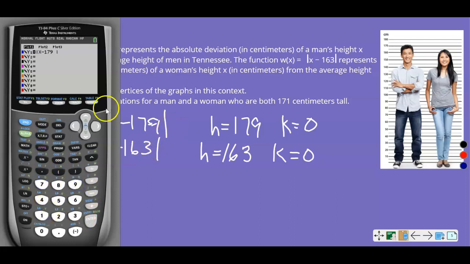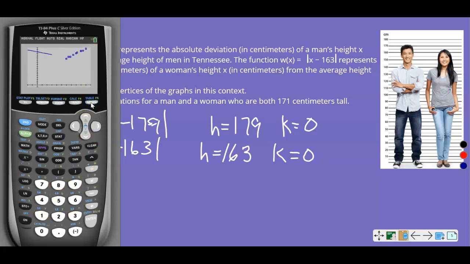So y equals absolute value of x minus 179. That represents the men. And then if I go back to math, over to number, absolute value of x minus 163, and then arrow outside my absolute value, and then hit graph.